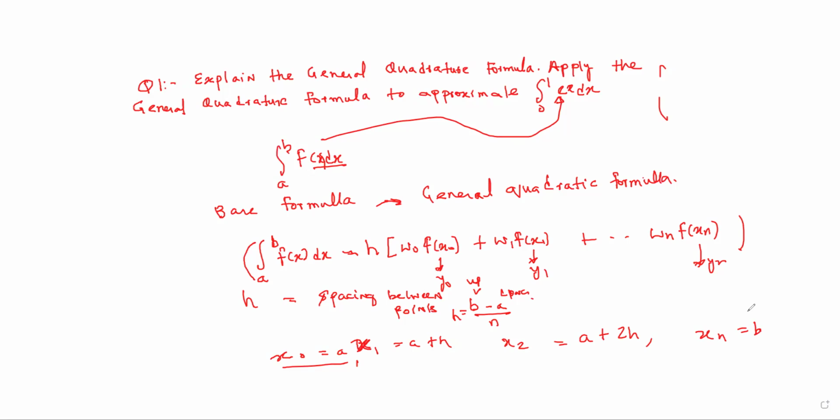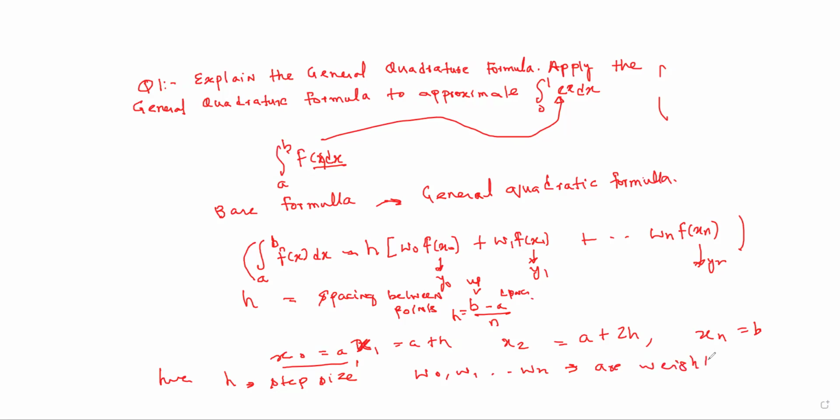So this is the base general quadratic formula. Now, what are the other things, x naught and w naught? Basically, w naught acts as a weight. Here h is the step size, and these values w naught, w1 up to wn are the weights.